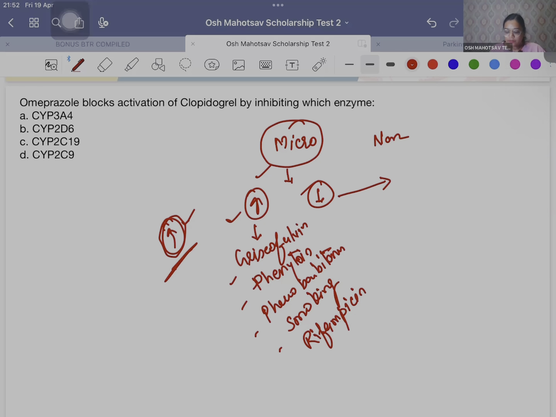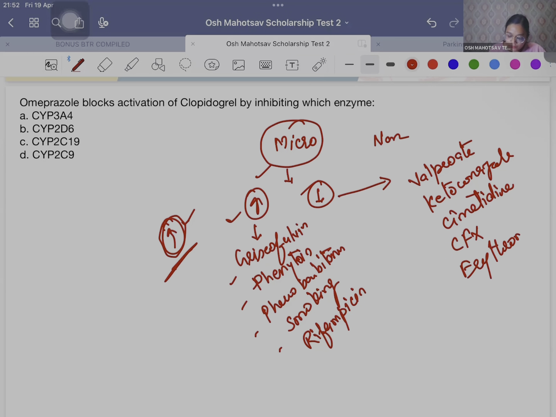What about microsomal enzyme inhibitors? These are valproate, ketoconazole, cimetidine, ciprofloxacin, erythromycin. All of these can block or inhibit the microsomal enzymes, so they can lead to drug toxicity.